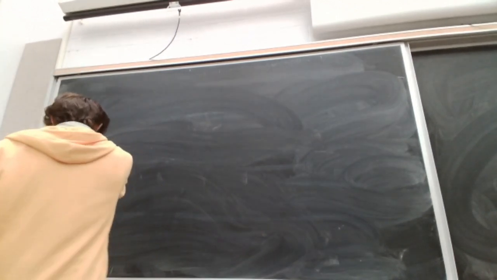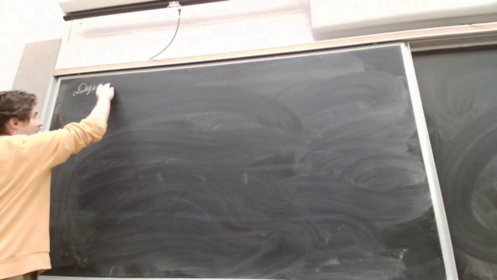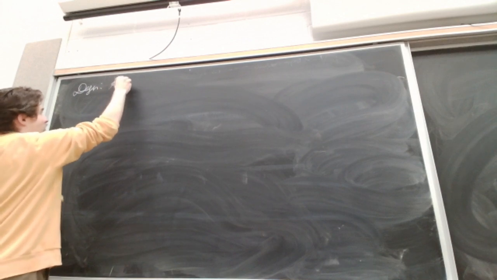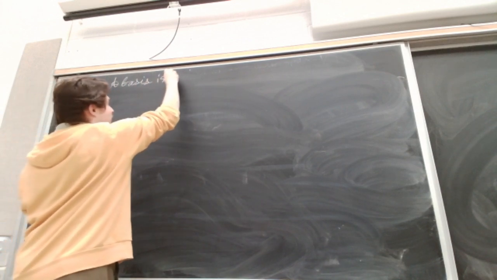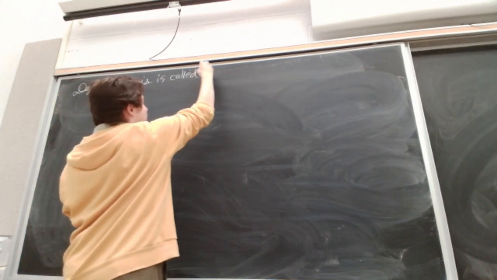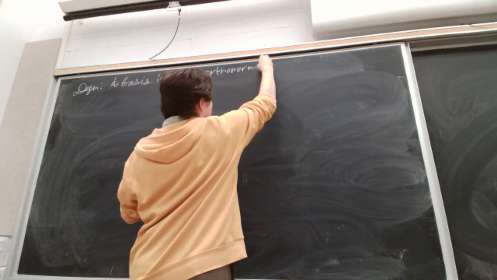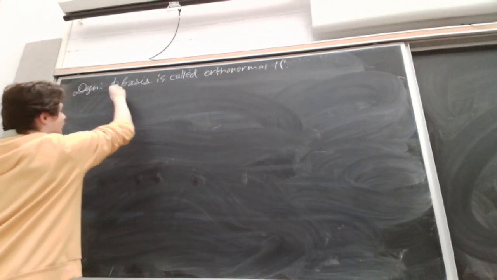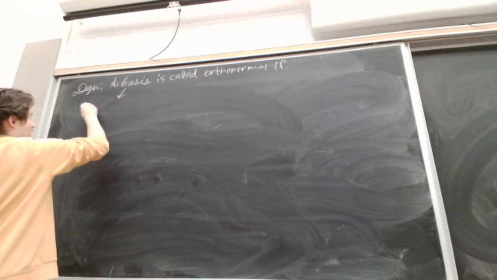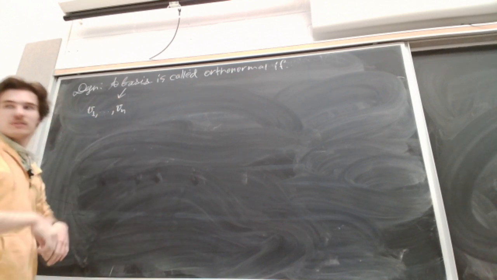Okay, definition. A basis is called orthonormal if, so a basis in this case is going to be some v1 up to vn, like usual.